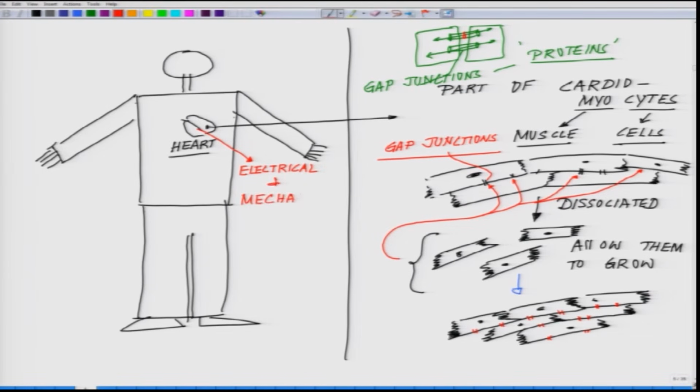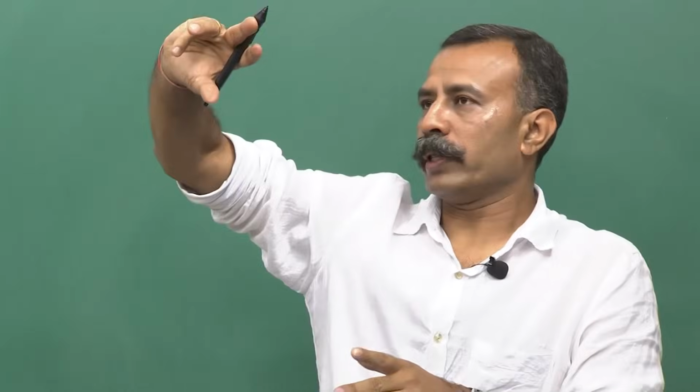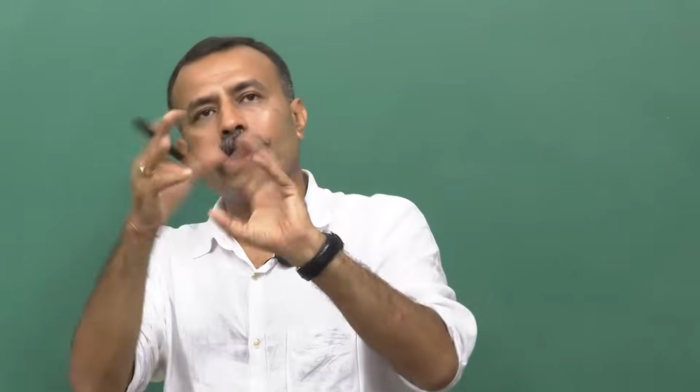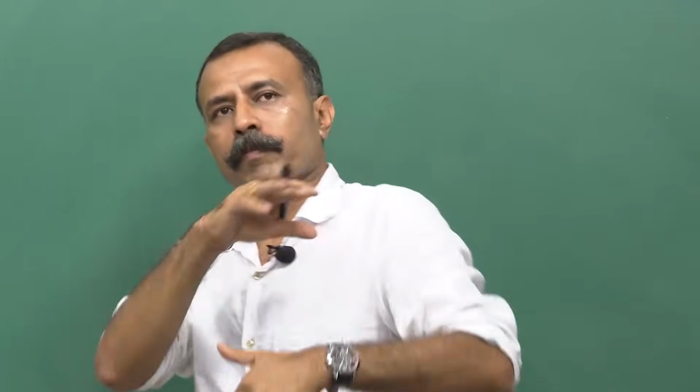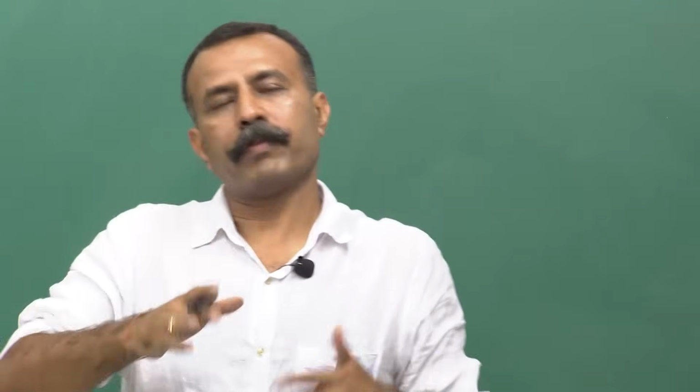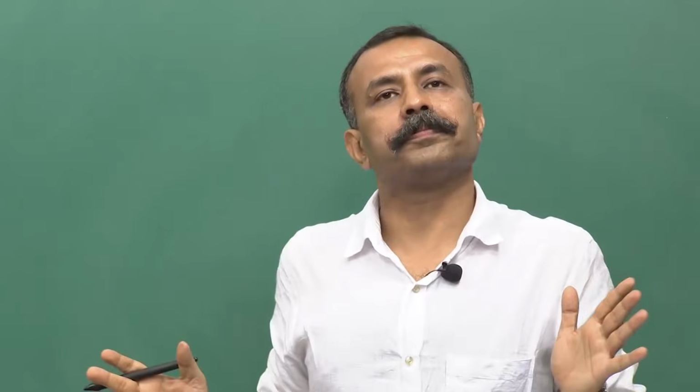When I talk about mechanical function, I mean the beating. And this electrical function and the mechanical function are coupled with each other. These are not independent things. They are all interlinked. If there is an electrical impulse, it will lead to the mechanical vibration or beating, whatever you call that.